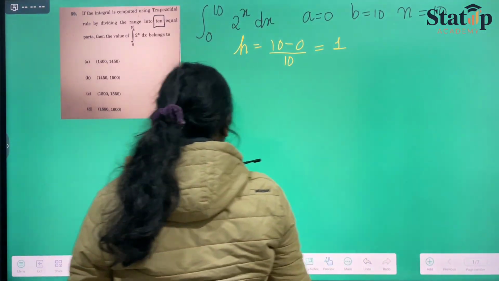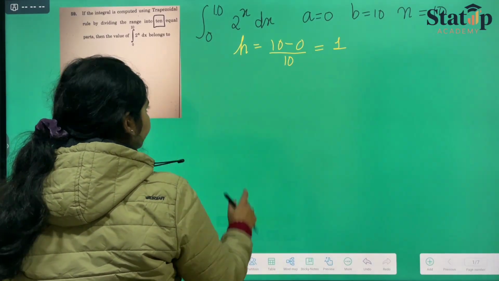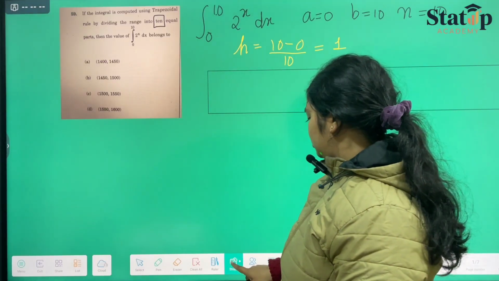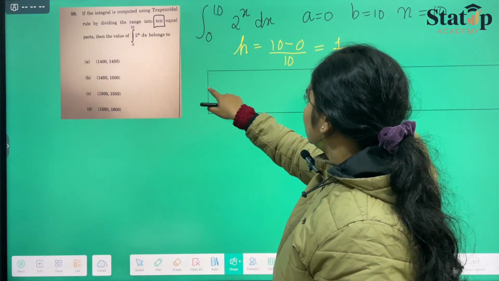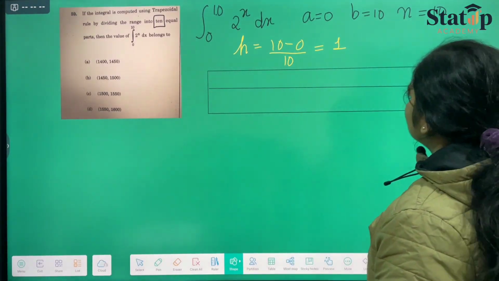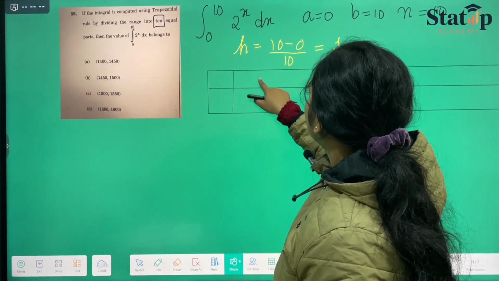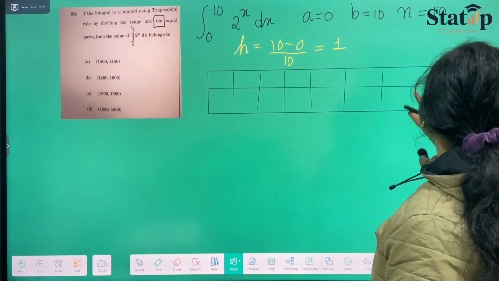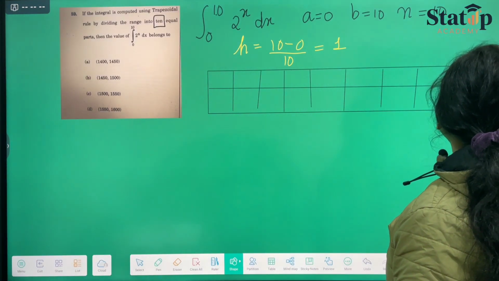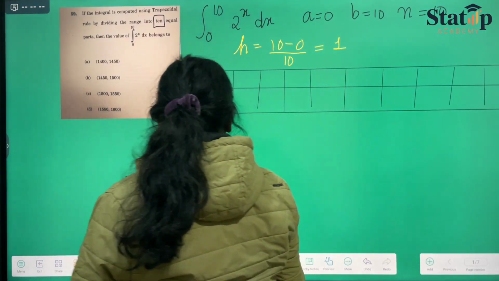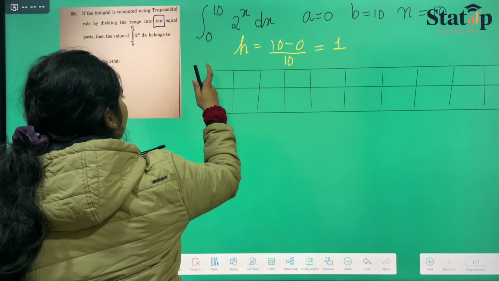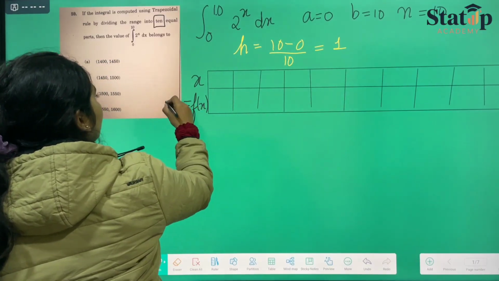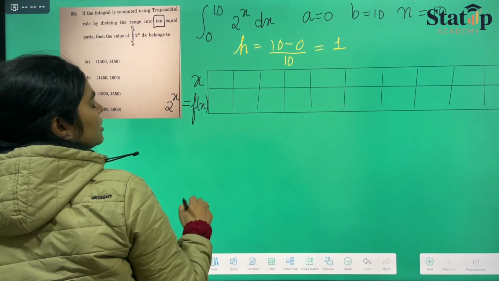Now we'll have to make the table again. Here we need 10 parts. So let us consider this as x and this as f(x). f(x), we all know, is nothing but 2 raised to the power x, which is also considered as y.